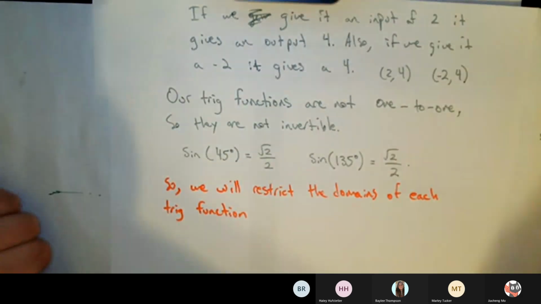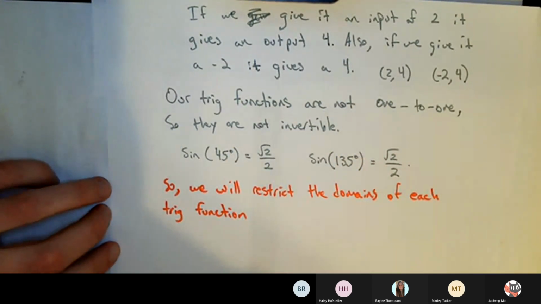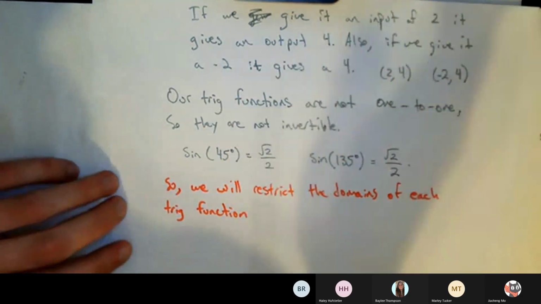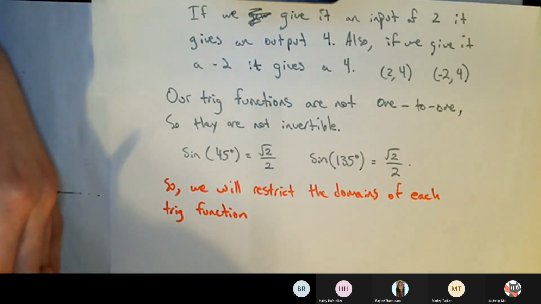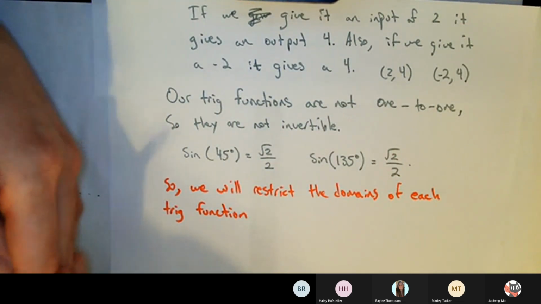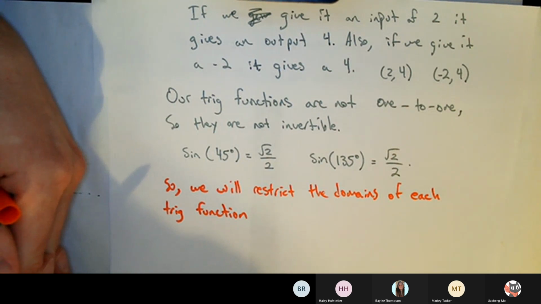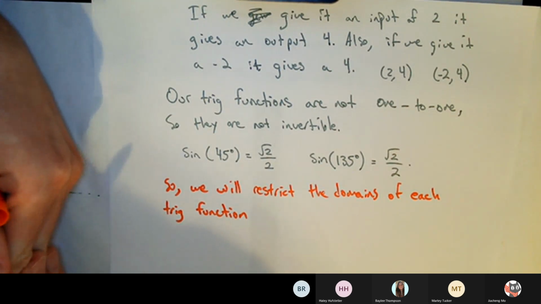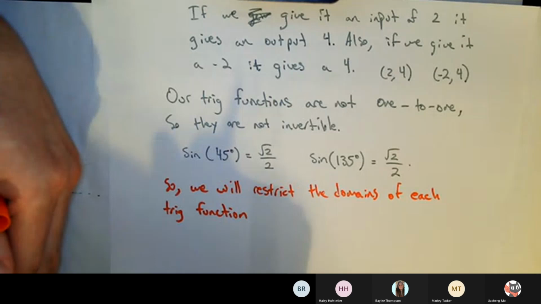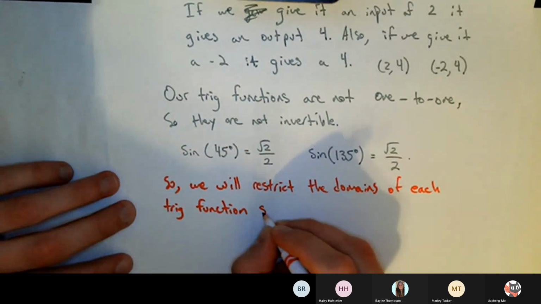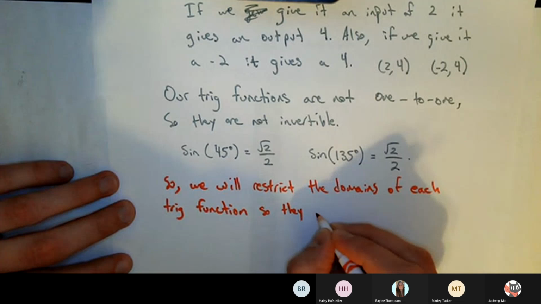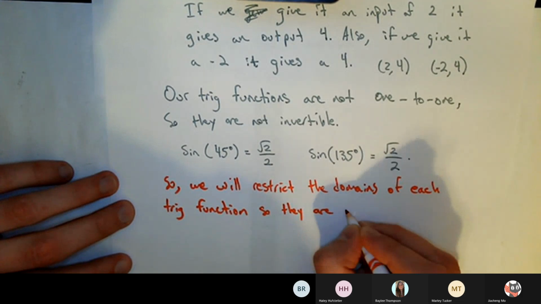So we won't allow our sine function to go to 135 degrees. We're only going to let it go to a place where it will, we're gonna keep it in a small domain, so that it will not give us any repeated values. So we will restrict the domains of each trig function so that they are 1-to-1.